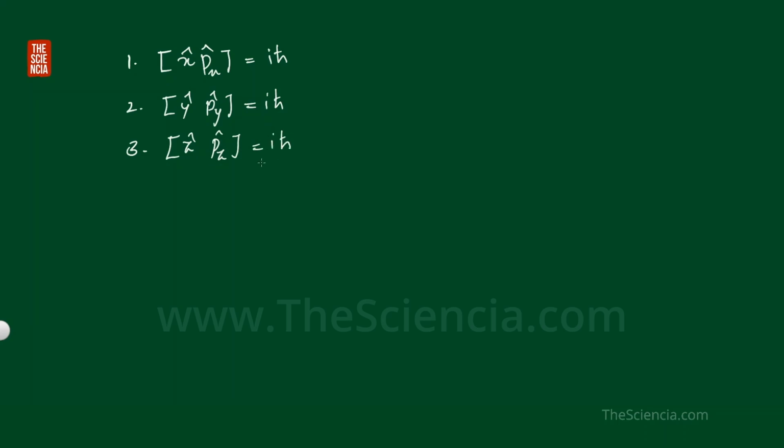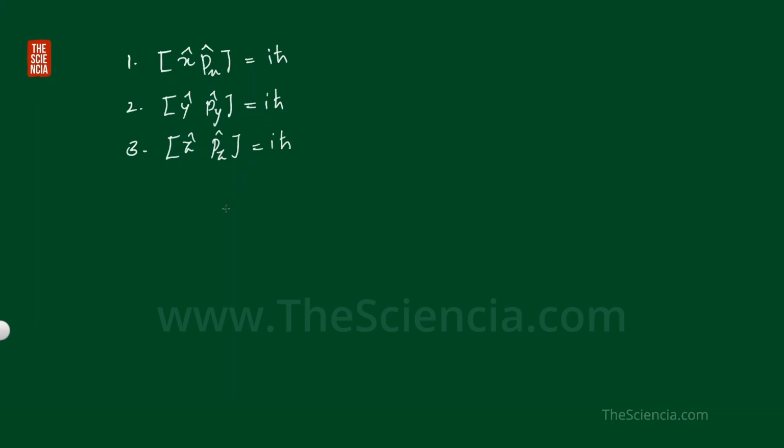The first combination, x cap px cap, we obtained as i h cross. Similarly, if you solve for y cap py cap, you will get i h cross, and similarly if you solve for z cap pz cap, again you will obtain i h cross.